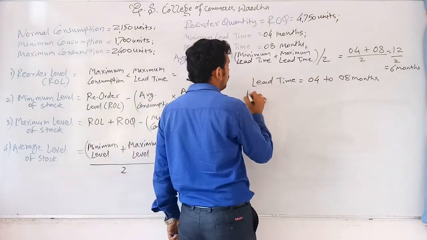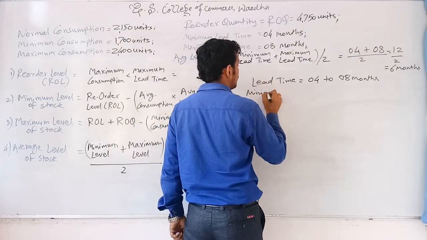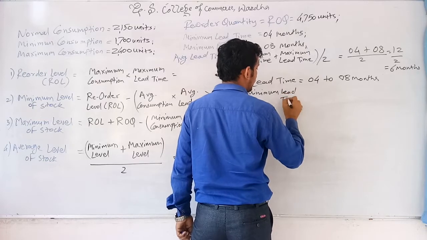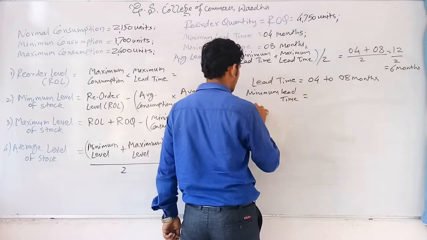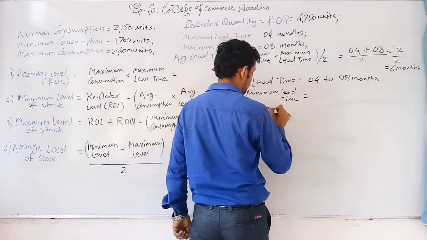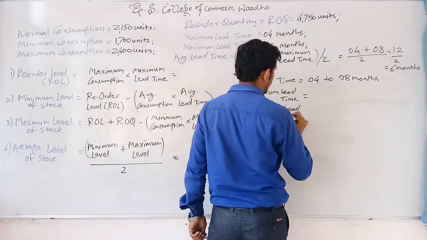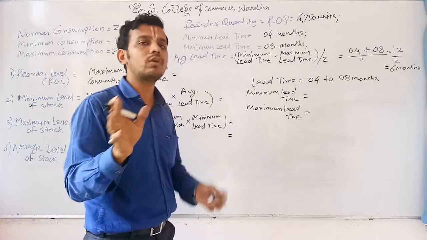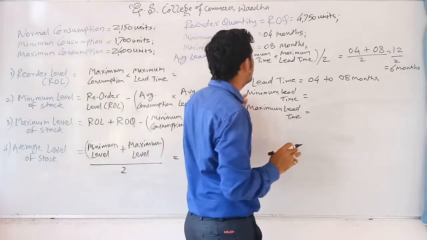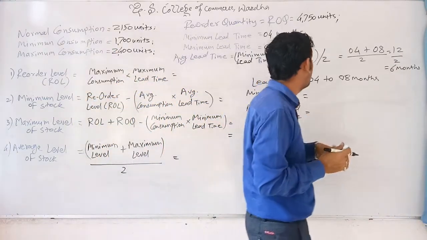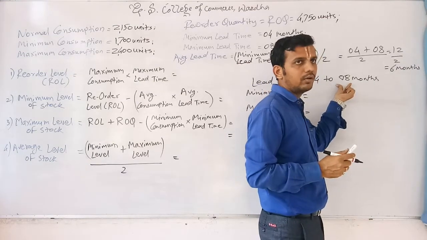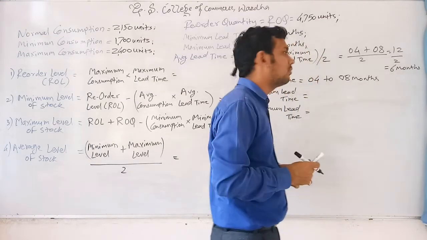Then we have to find out minimum lead time as well as maximum lead time. As average lead time has already been calculated, I have not taken that part. As lead time is given and there are 2 values in it, one is the smaller value and the other one is the bigger value.